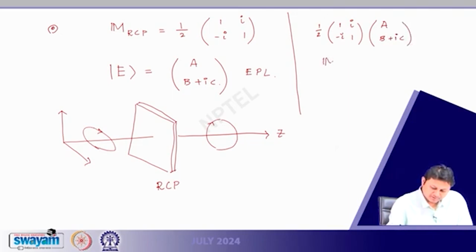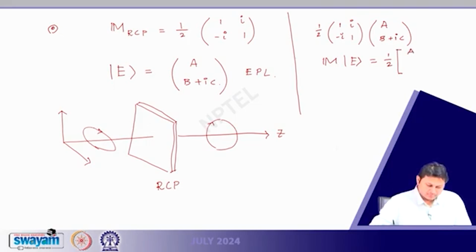So, that means I am operating M over this E. So, what I have here is half of A minus C plus IB, that I get, and another I get minus IA plus B plus IC. That is the value I get on the right hand side.